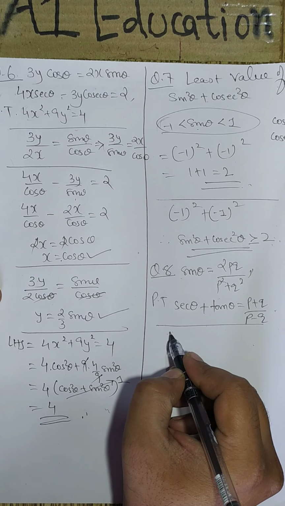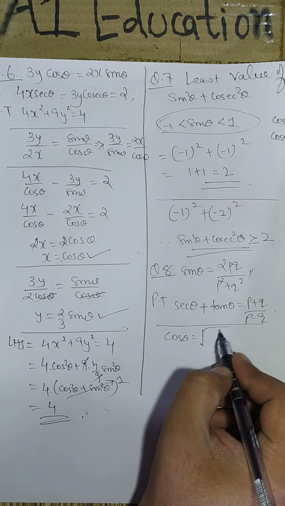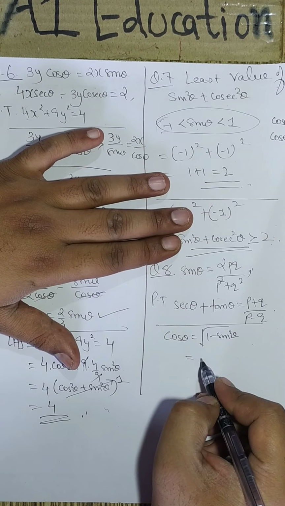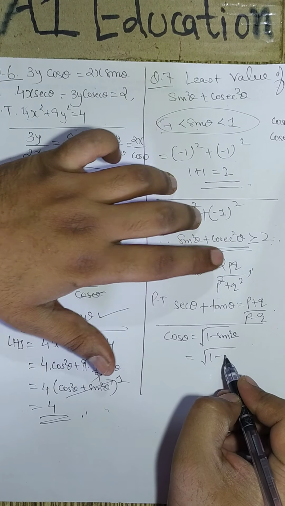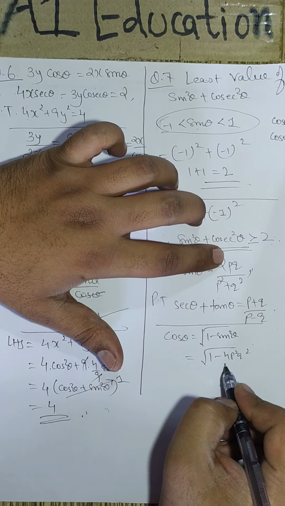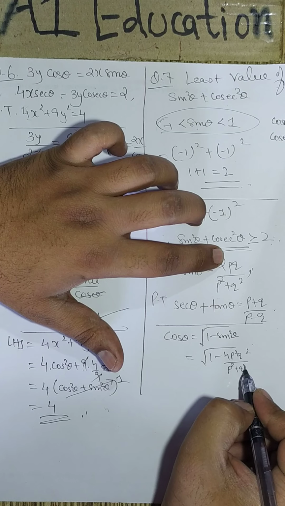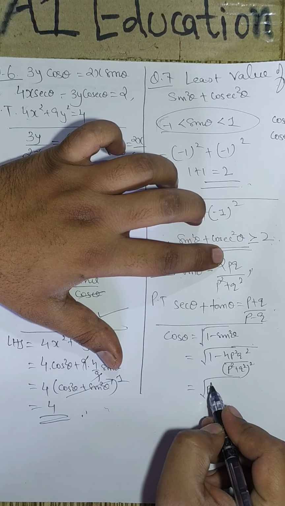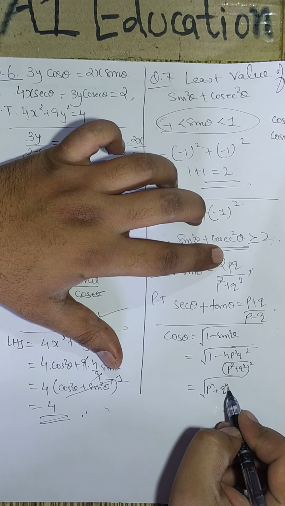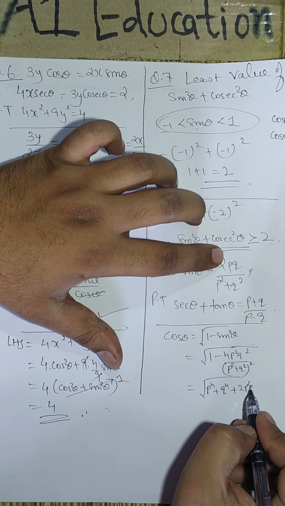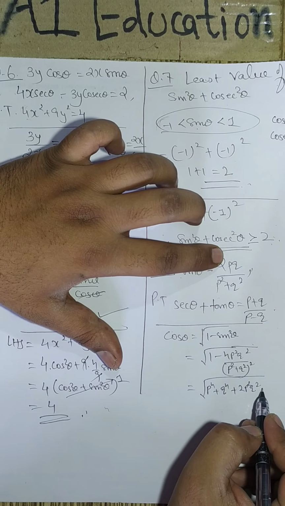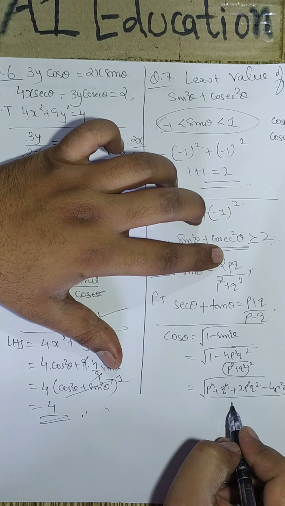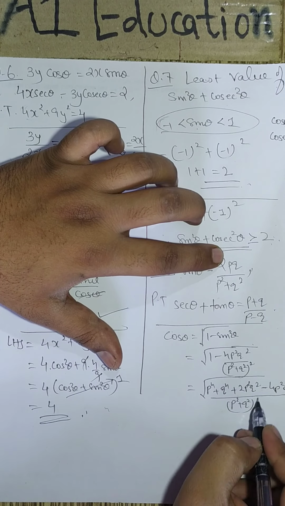So let us find out the value of cos theta. The value of cos theta will be under root of 1 minus sin square theta. That will be equal to under root of 1 minus 4 p square q square upon p square plus q square whole square. Simplifying this further, we get p square plus q square whole square, which is p to the power 4 plus q to the power 4 plus 2p square q square, and this side minus 4 p square q square divided by p square plus q square whole square.